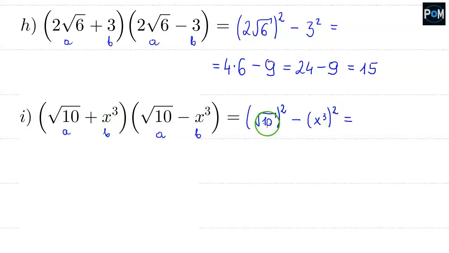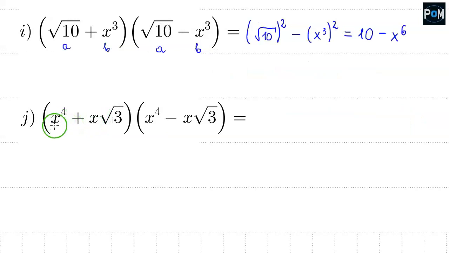We're squaring the square root of 10, which gives us 10, because the square root and the square cancel each other out. And here, x to the power of 3, and also to the power of 2. So the 3 and 2 multiply. And from that comes x to the power of 6. And that's it. I won't do anything more with it.